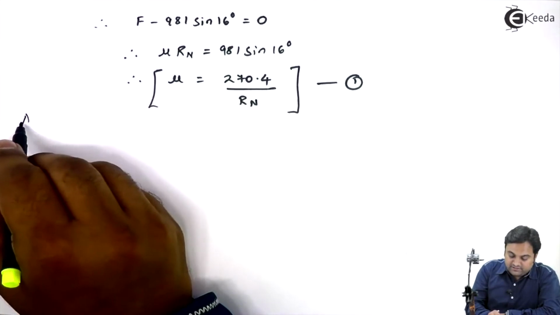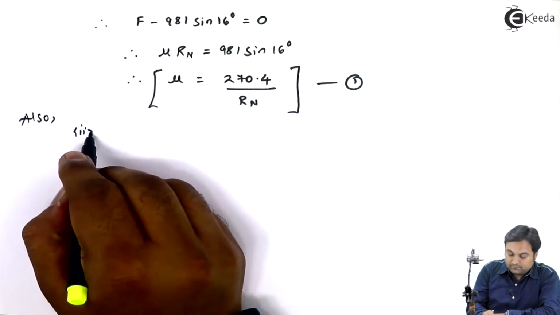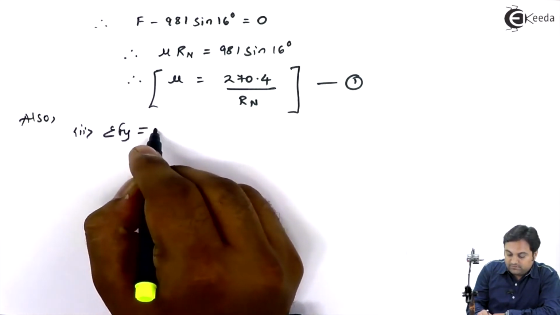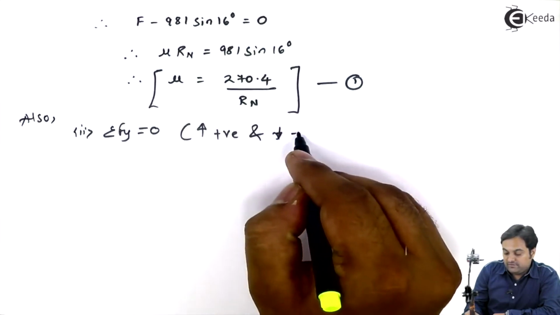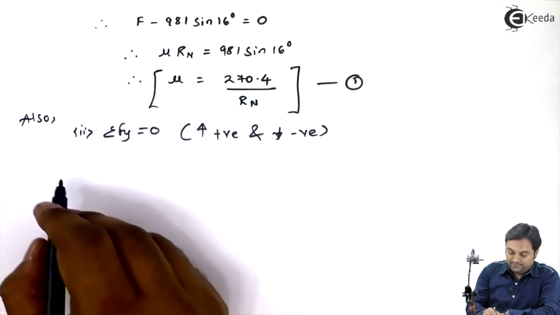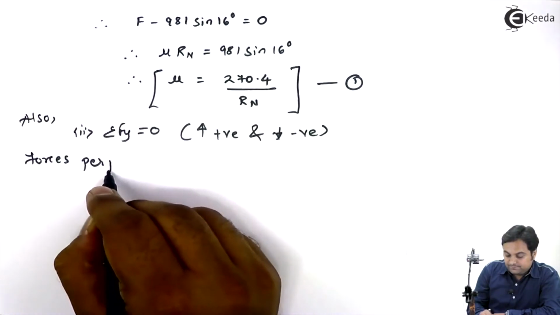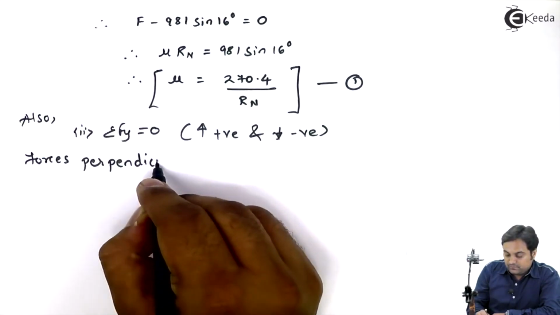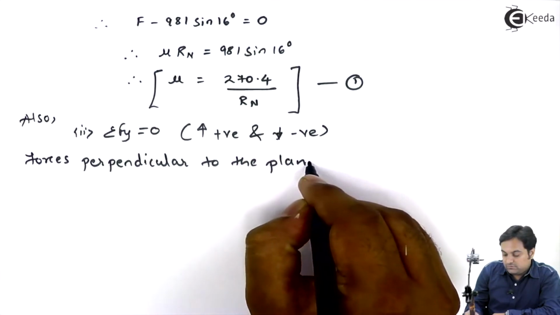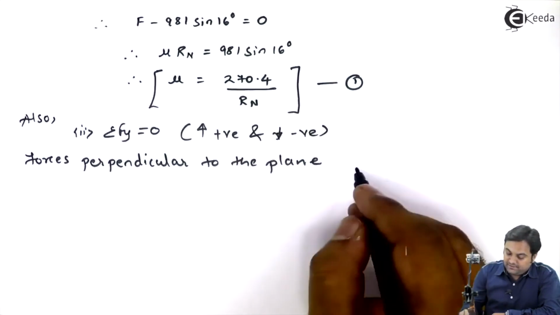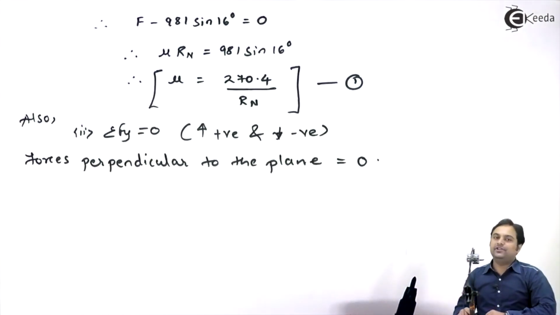So after this I will say that also summation of Fy is equal to 0, where upward forces are positive and downward forces negative. I'll say that forces perpendicular to the plane should be added and their value should be taken as 0, so that the block is in limiting equilibrium.